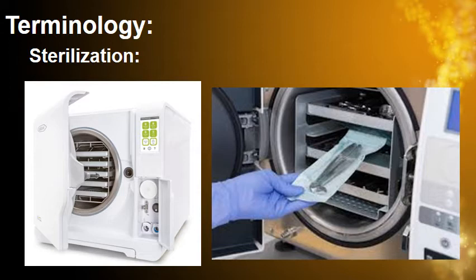So for any method of sterilization, I measure its effectiveness by its killing of the spores of the bacteria. When this method kills the spores of the bacteria, it means I have a good sterilization method. An example is the autoclave, which we use in our clinic.